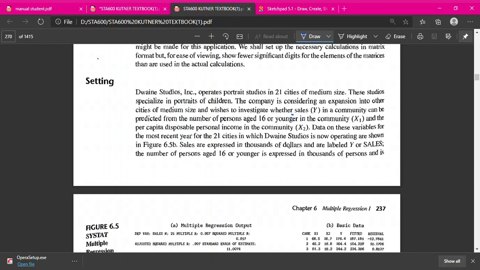The sales, which is Y, in a community can be predicted from the number of percentage 16 or younger in the community, which is X1, and the per capita disposable personal income in the community, which is X2. So we have two independent variables, number of percentage 16 or younger, and also personal income. Its Y is sales.